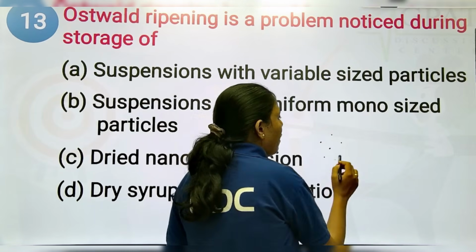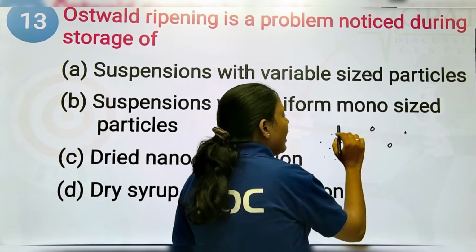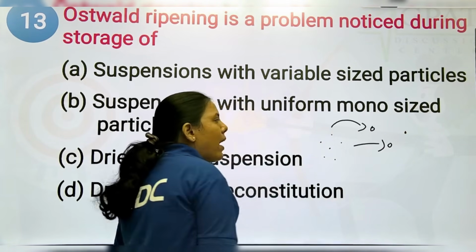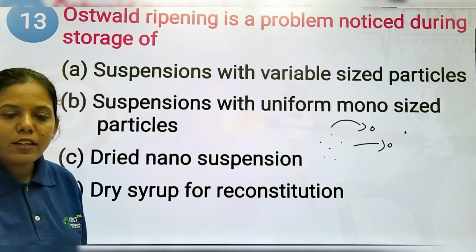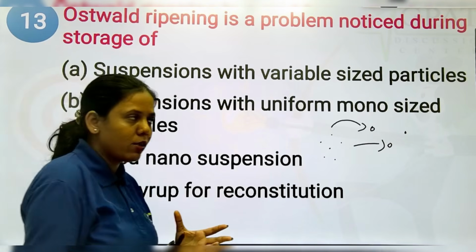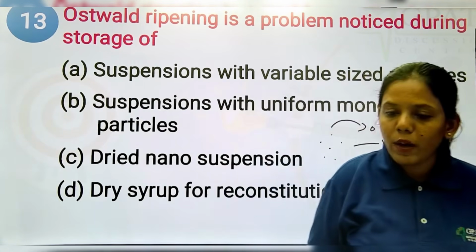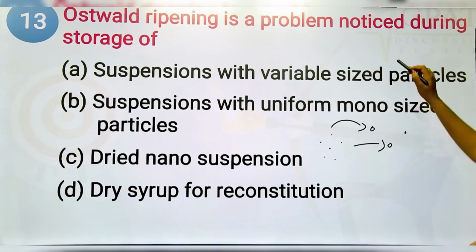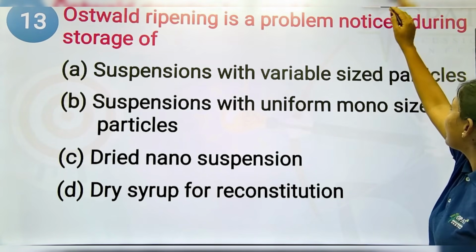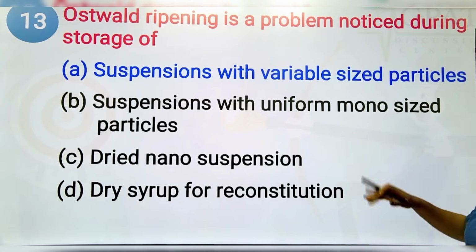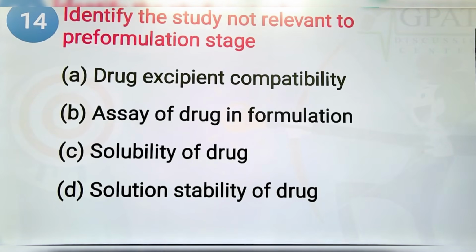Say these are the smaller particles and then larger particles. What happens is that the smaller particles deposit on the larger particles and it forms a crystal. This phenomenon is known as Ostwald ripening. It happens when the suspension has different particle sizes. Option A is the right answer.